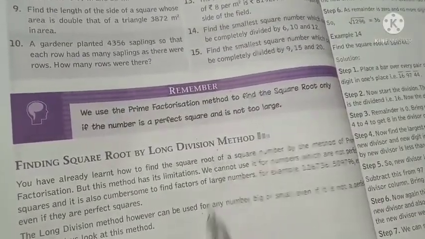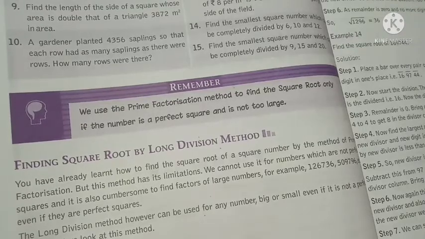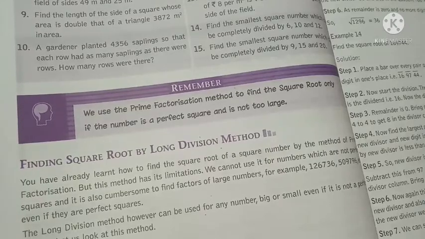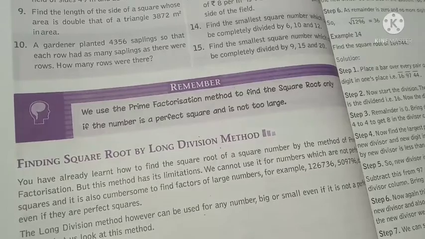The long division method is very useful because it can find the square root of smaller or bigger numbers, and also of numbers which are not perfect squares.